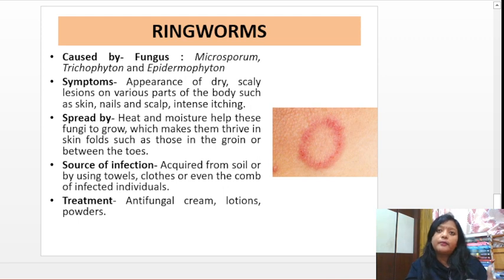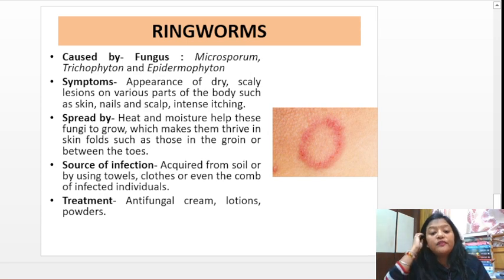You can also see it in the stomach and hip portion, whenever a person is wearing tight clothes. It will lead to too much moisture, heat and sweat, which provides a very good place for this fungus to grow and develop. So remember this.